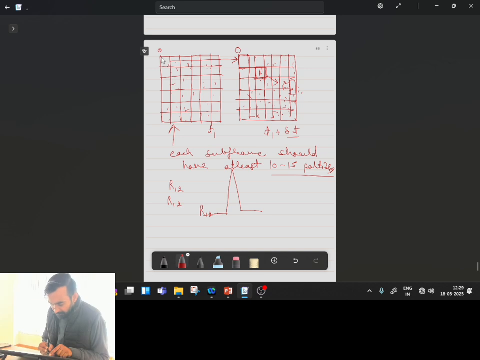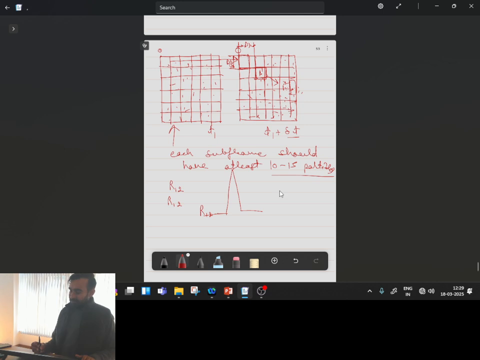If I mark with reference to this point, then this subgrid has this much delta y displacement and this much delta x displacement. Okay. Now, delta x by delta t and delta y by delta t will give me the corresponding u and v components of the velocity.